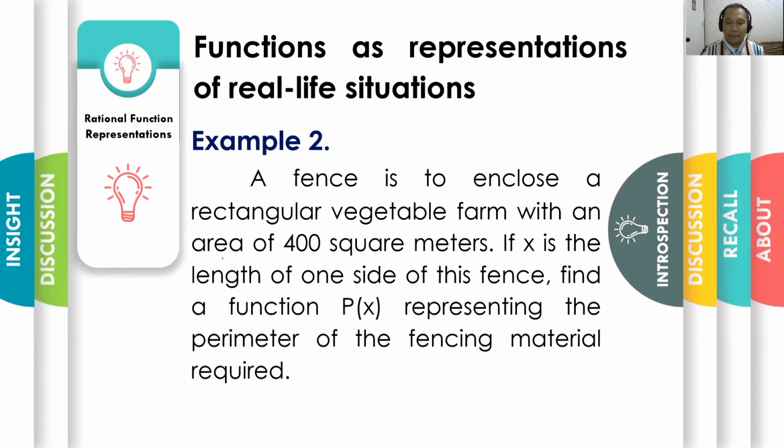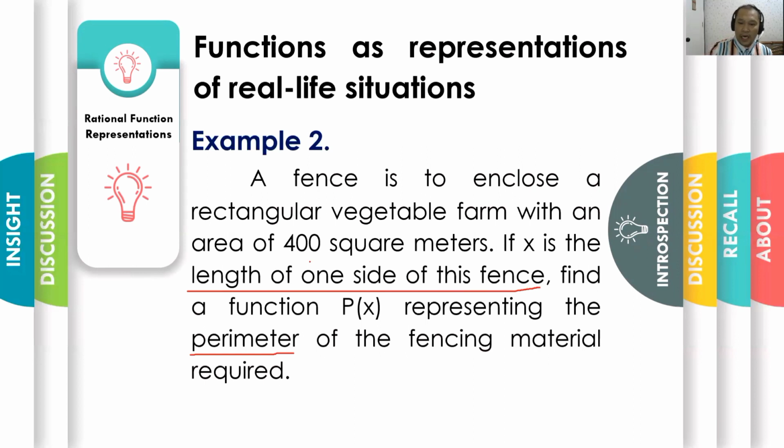Okay, I repeat. Now, in the given example number 2, we are looking for a function representing the perimeter of the fencing material required relative to x, which serves as the length of one side of this fence.